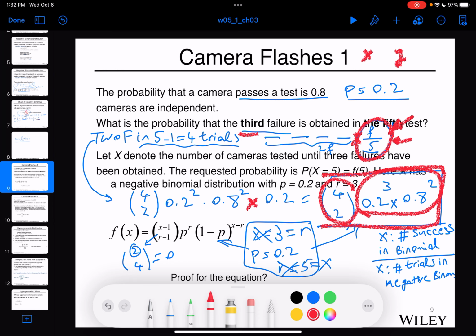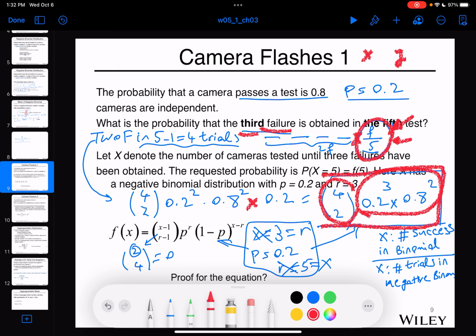Because always in negative binomial, we make a restriction that the last experiment must be what we define as success. And that's another thing that might confuse you, because in this question, we define failure as success, right? So remember, in these experiments, we define something as success. So here, failing a camera is defined as success, right?